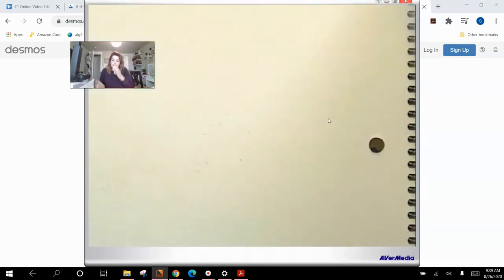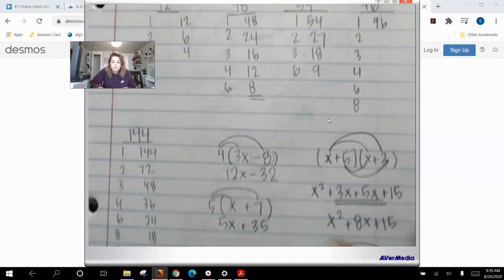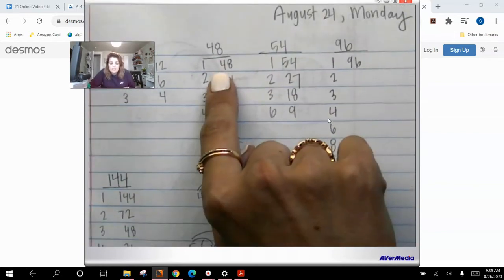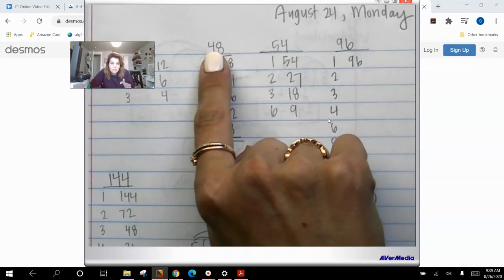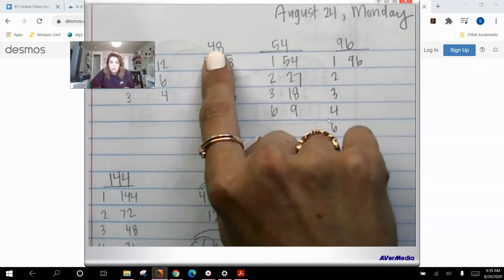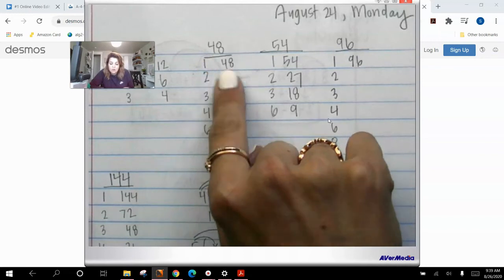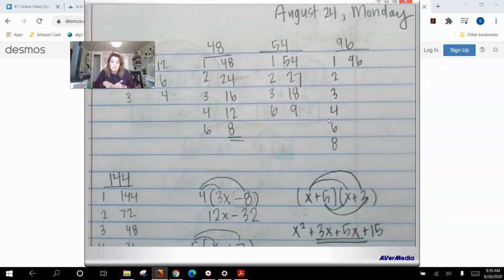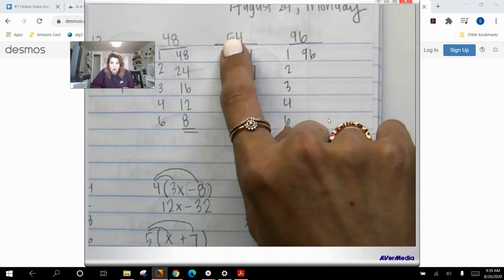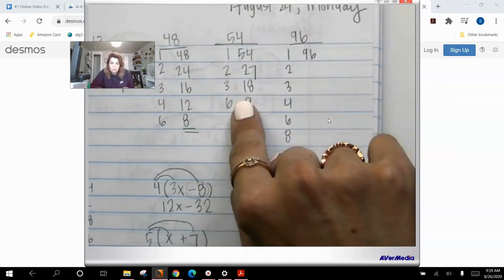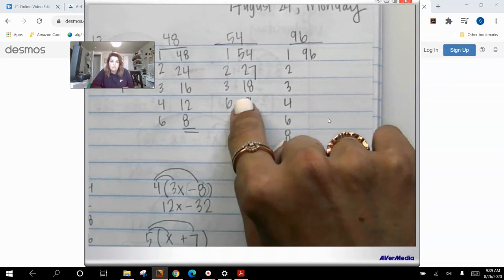Now remember, when you factor something, you're just listing things that you can multiply together to get the desired outcome. So here we wanted 48. These are all the things that we can multiply together to get 48. Here we wanted 54. These are all the things we multiplied together to get 54.